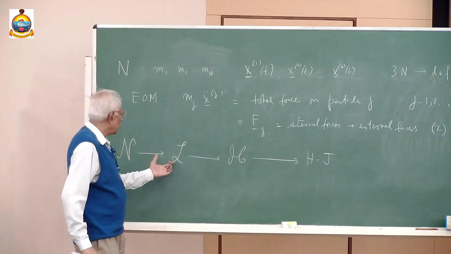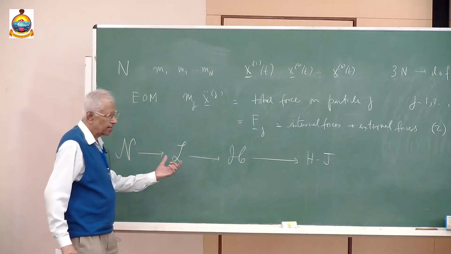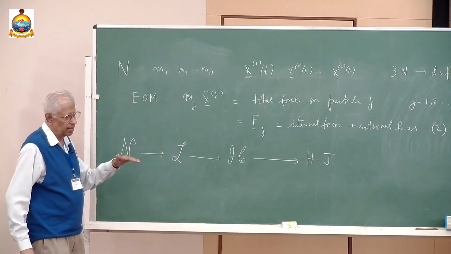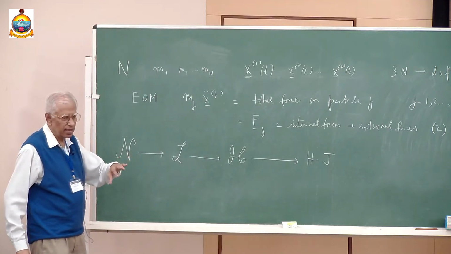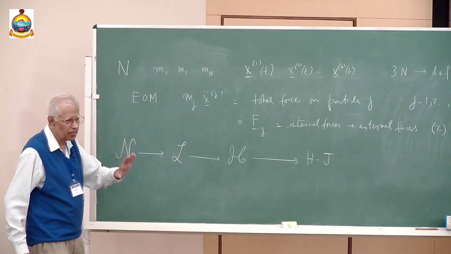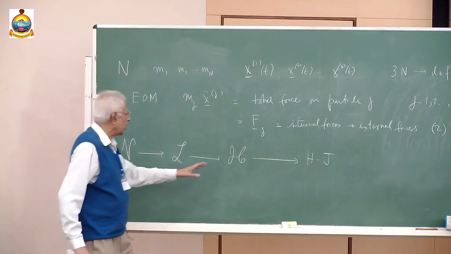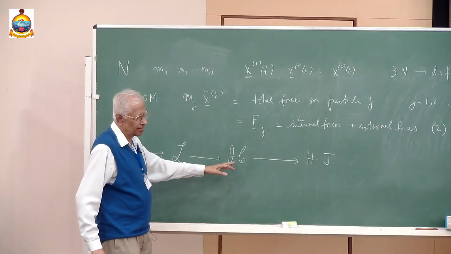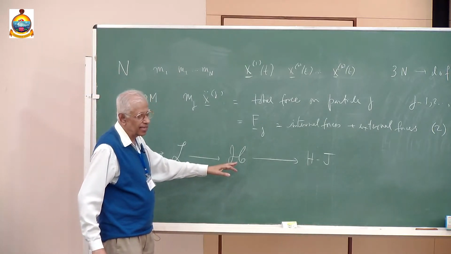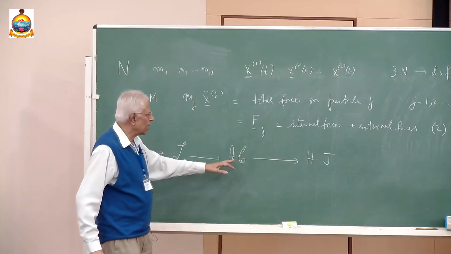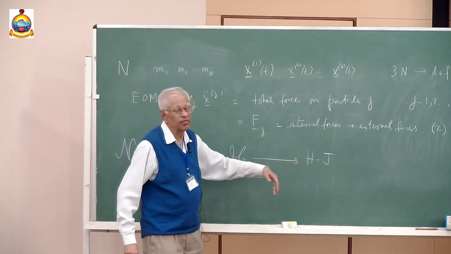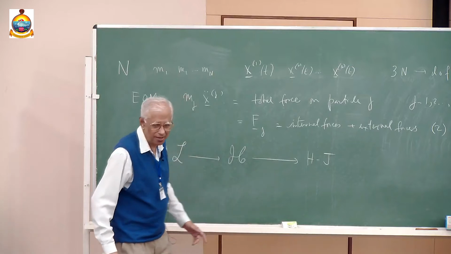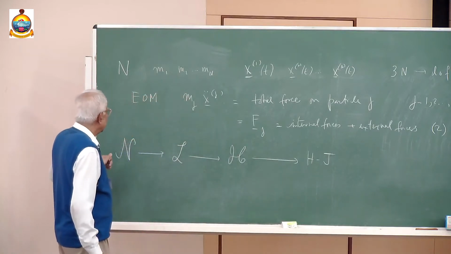The Lagrangian form was created sometime in the second half of the 1700s, roughly. The Hamiltonian form was invented by Hamilton around 1835. The Hamilton-Jacobi form came a few years after. So I want you to appreciate that.